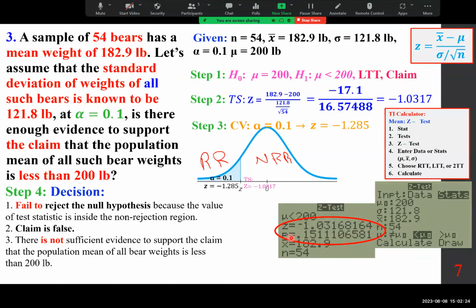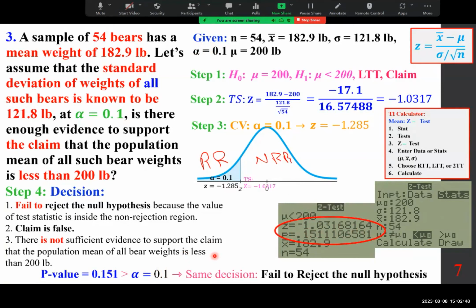It continues indefinitely, but 0.151. Compare this number with the choice of alpha. It's either larger or smaller. This one is larger. So this is your p-value. We put it here. Larger than alpha. So we have the same decision. Remember, when it's larger than alpha, fail to reject the null hypothesis. Same decision.